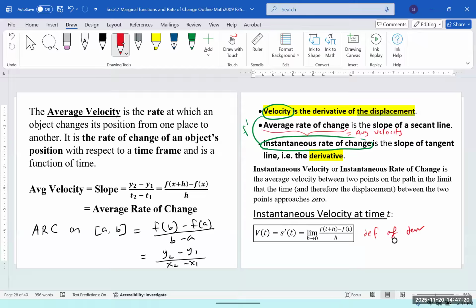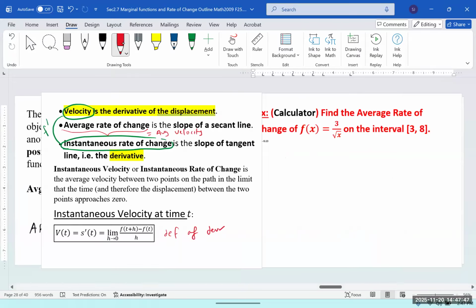So the bottom line, instantaneous rate of change, velocity, derivative, all three things are the same. Average rate of change is the same as average velocity. It's the slope of the line, slope of the secant line. So that's what you have to remember on this topic.